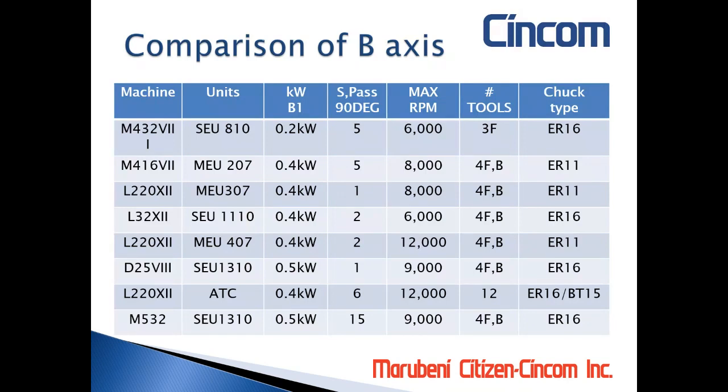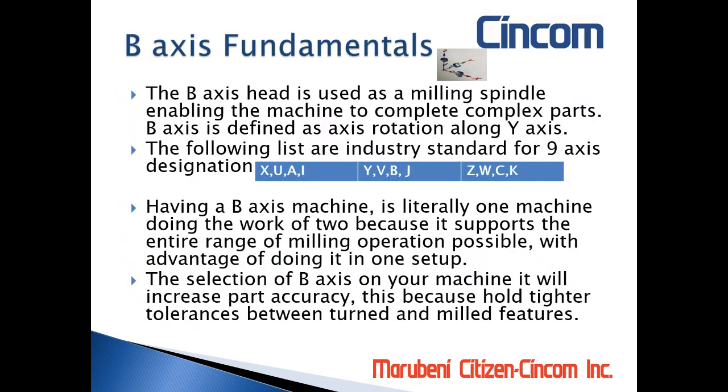This is a comparison of the B-axis units and the differences: the maximum RPMs that we can go, the number of tools, the different collet sizes. I think this is more like technical information for pretty much everybody.